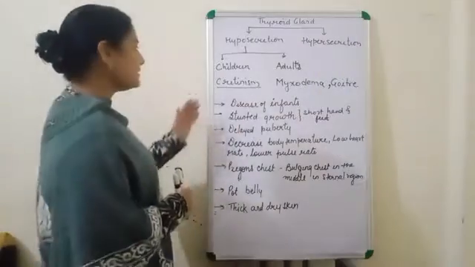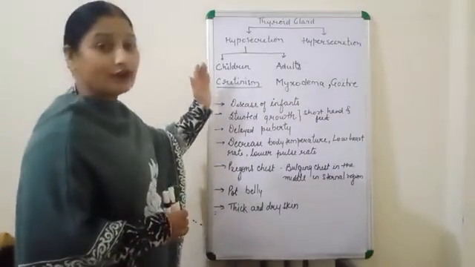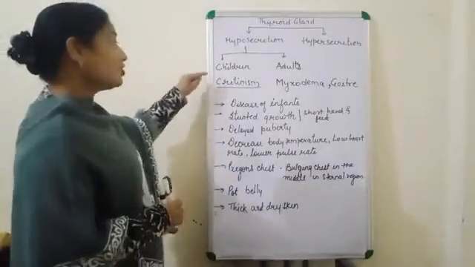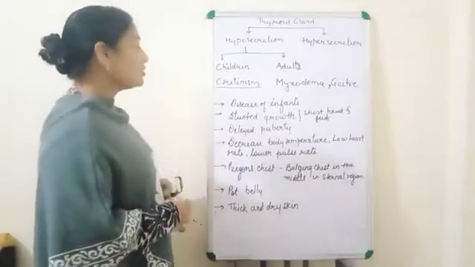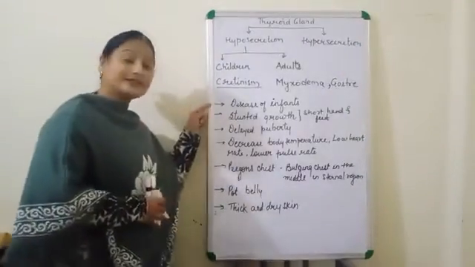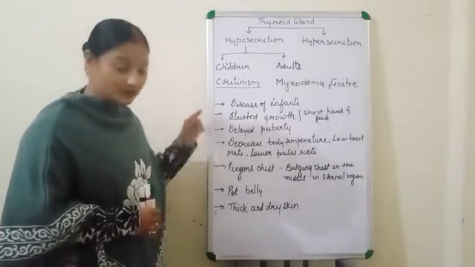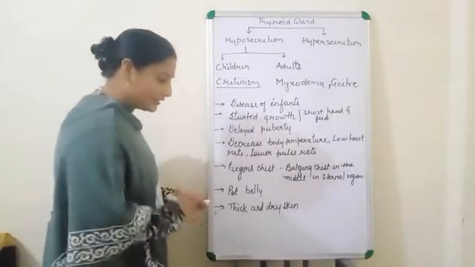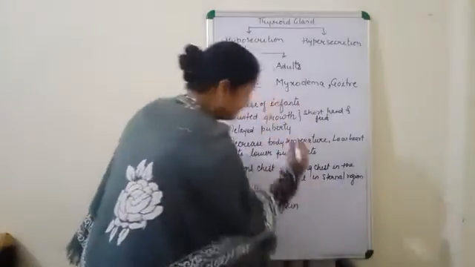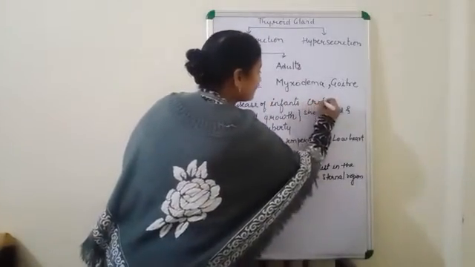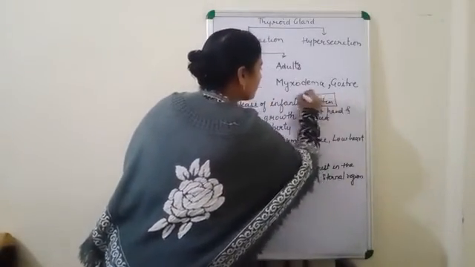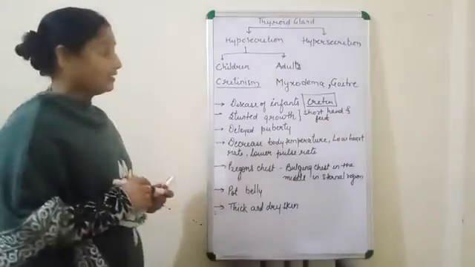First, we will see the disease of cretinism, which occurs in children. Point number 1: it is a disease of infants. It is also called cretin.